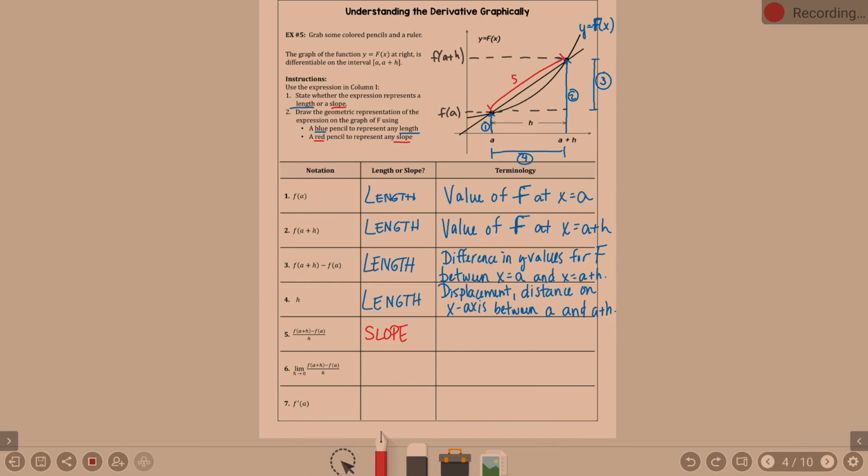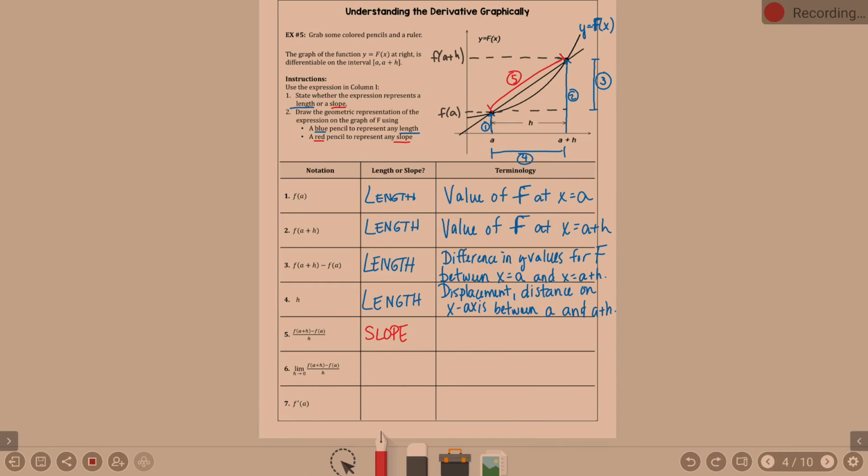Okay. Which means it is from the point at a to the point at a plus h. And so if this is slope, and it's on the straight line there, as you mentioned, it's a slope between 2 points. What do we call this vocabulary-wise? The slope of the secant line.